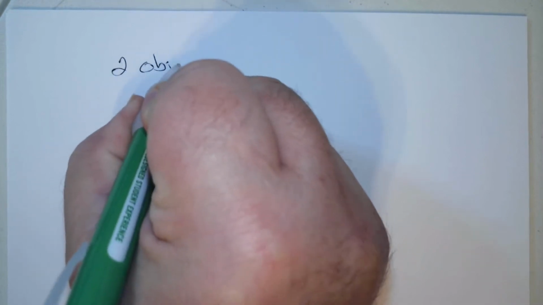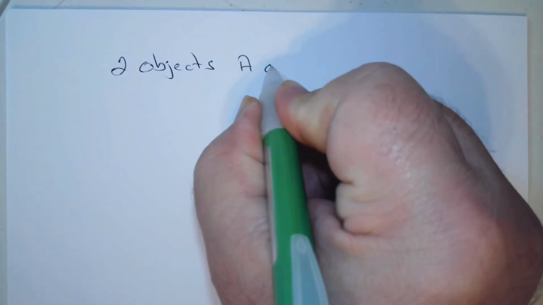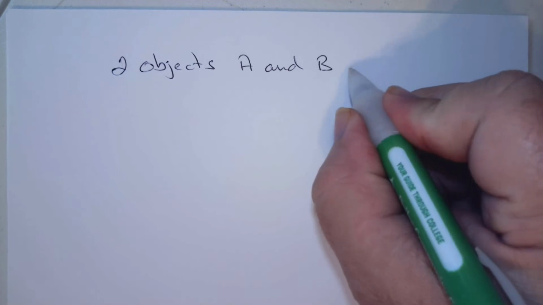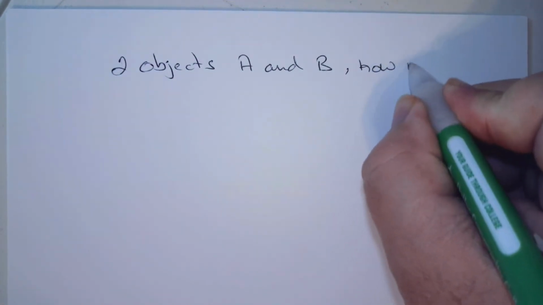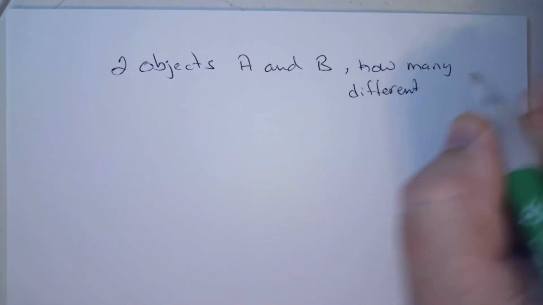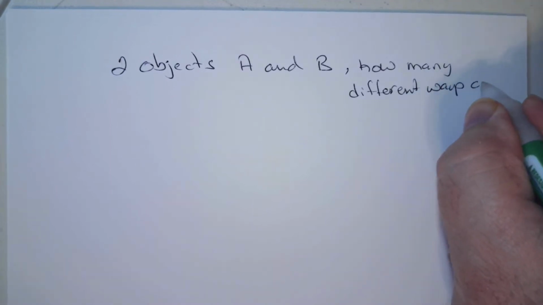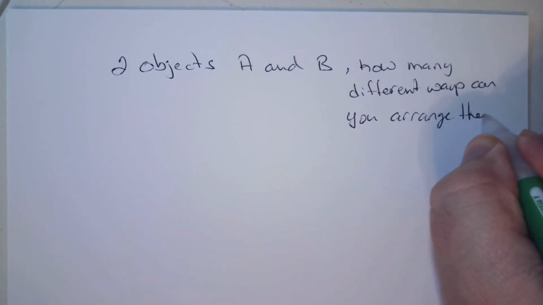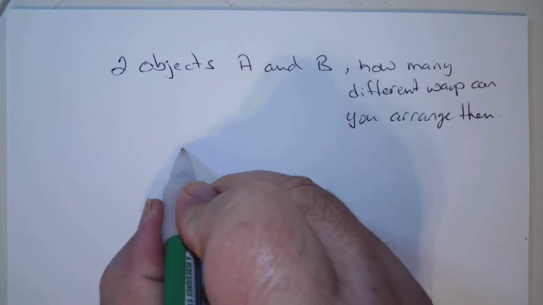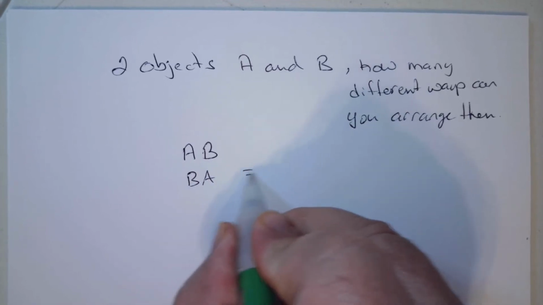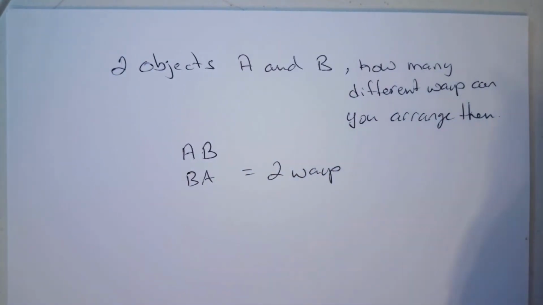If we have two objects, A and B, how many different ways can you arrange them? We have A and B, and we have B and A. So that equals 2 ways.